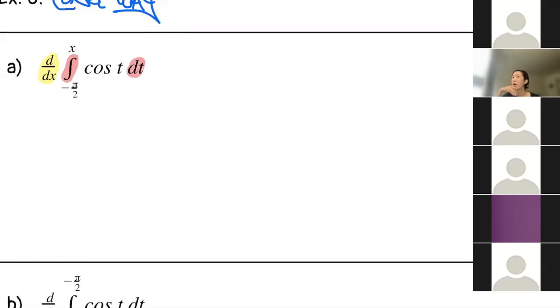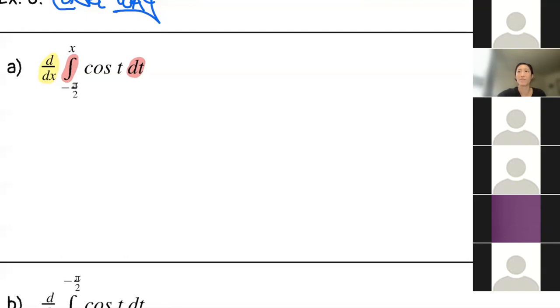Find the derivative of what? Okay, find the derivative of the integral, right?